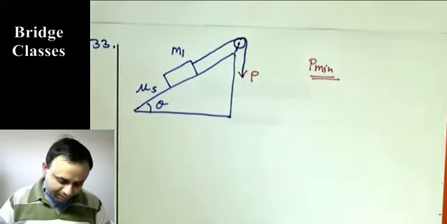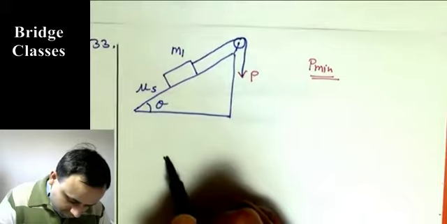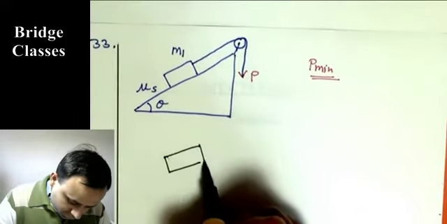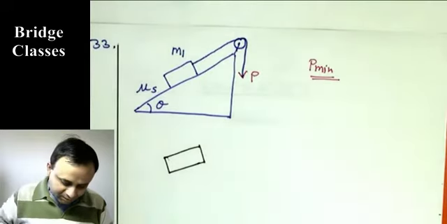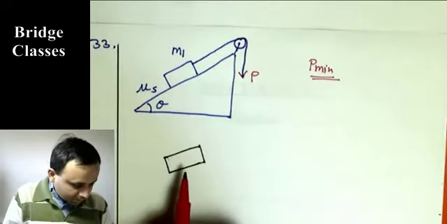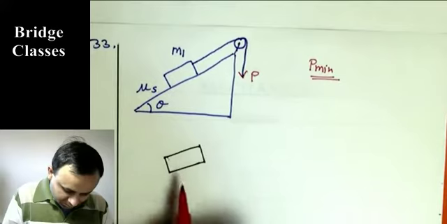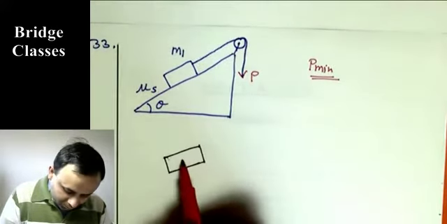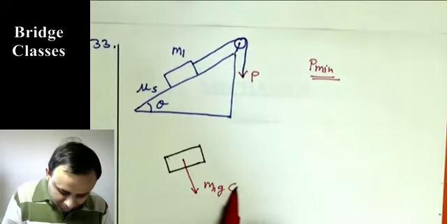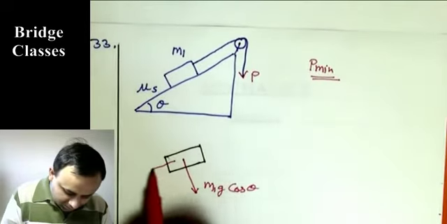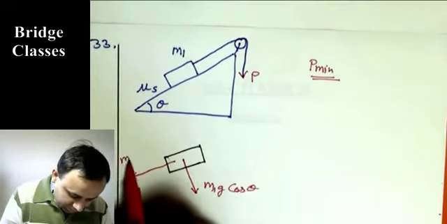Let us draw the free body diagram of the body. Its weight m1g, and I'm resolving that into two components, just directly. This will be m1g cos theta, and this will be m1g sin theta.